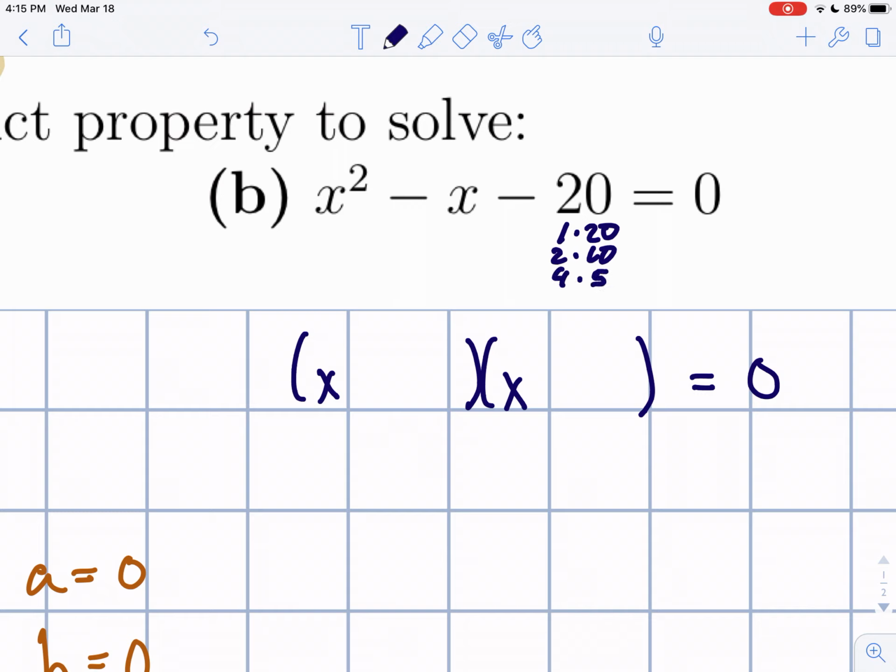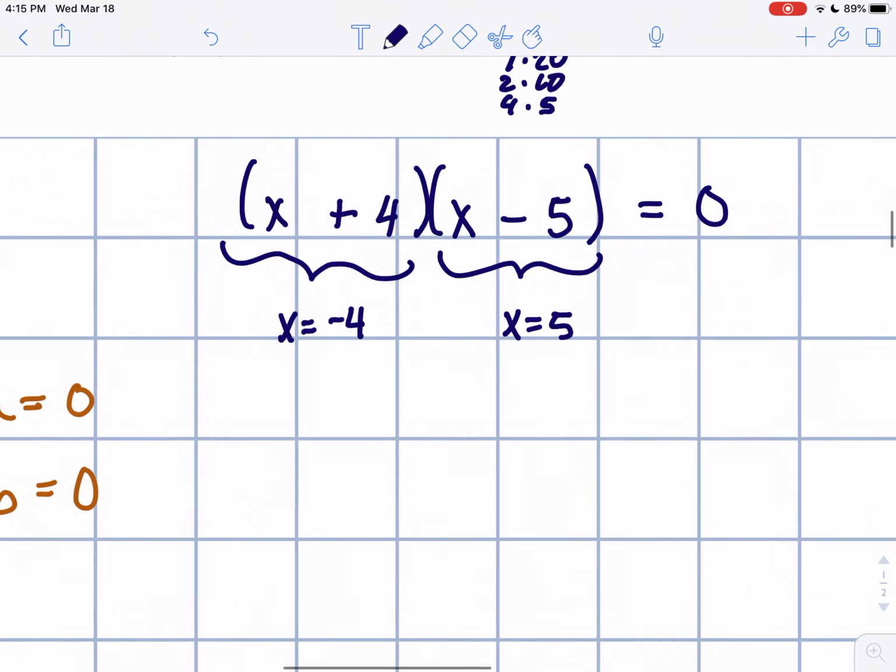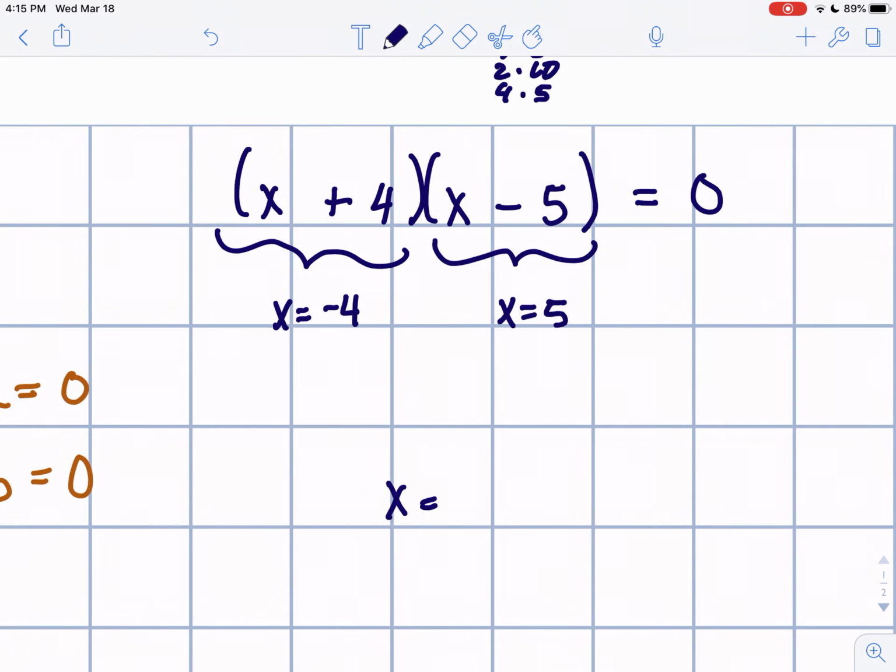Ooh, that looks good. 4 times 5, with the 5 being negative and the 4 being positive. Perfect. So now I'm looking at what number sends this term to 0. Well, that's if x equals negative 4. What number sends this term to 0? That's if x equals 5. So the answer to B is x equals negative 4 or 5. Either one would work.